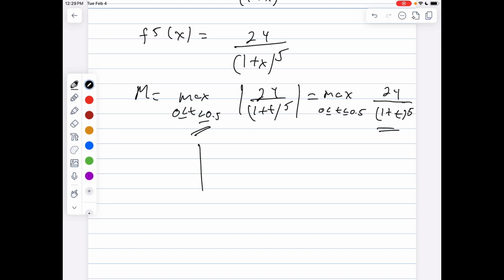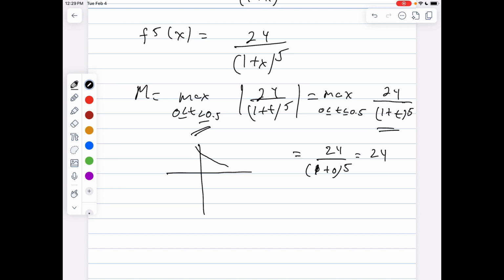If you were to draw that function, it looks something like this. And so your max value happens when t equals 0, or 24 over (1 plus 0) to the fifth, which is 24.